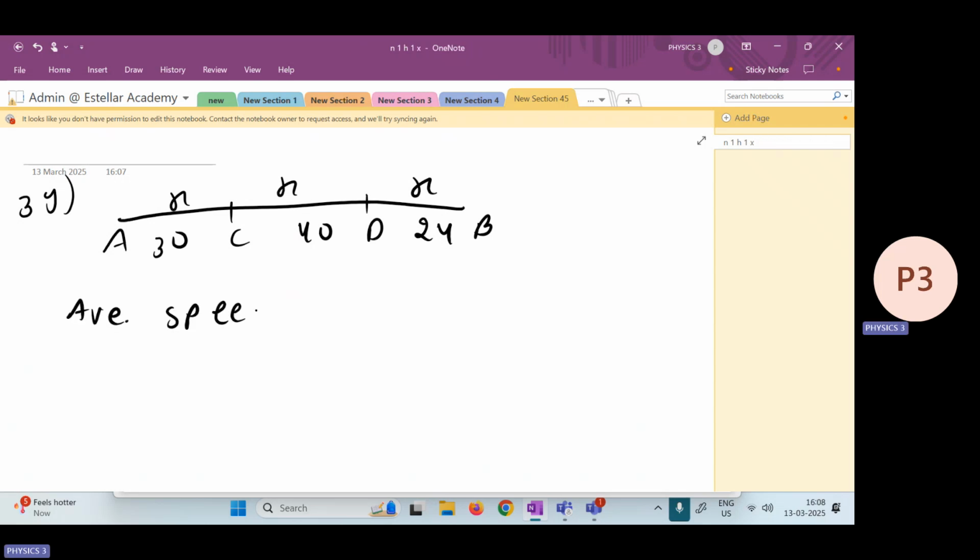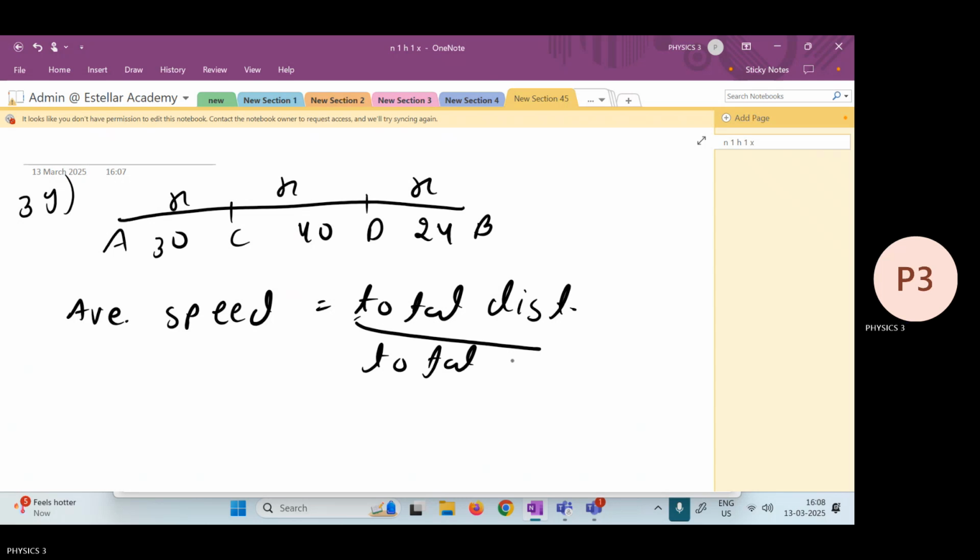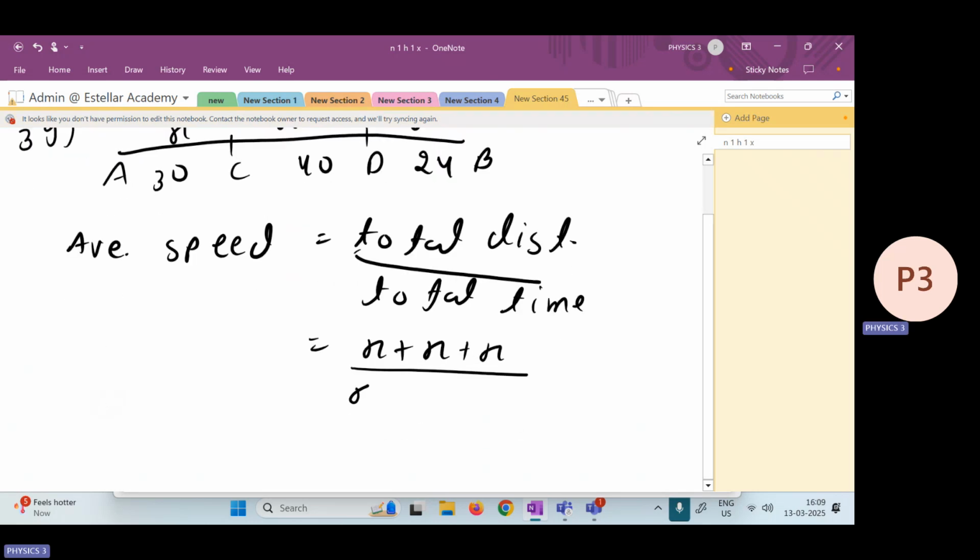Average speed, we know, is total distance upon total time. Total distance is clearly x plus x plus x. Time is distance upon speed, which is x by 30 plus x by 40 plus x by 24.